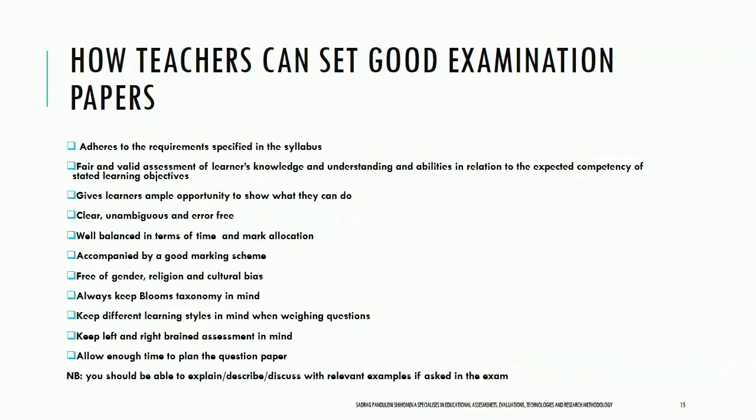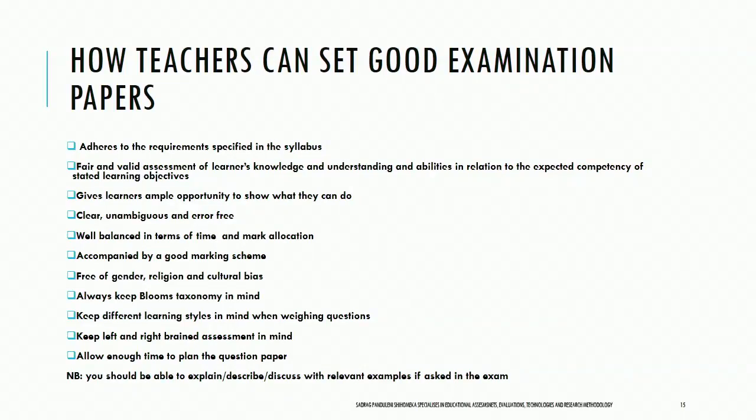A good examination paper also is accompanied by a good marking scheme. A good examination paper is also free of gender, religion, and cultural bias. You have to be gender sensitive. It always keeps Bloom's taxonomy in mind, the levels of thinking and capabilities of learners in your class. It keeps different learning styles in mind when weighing your questions.